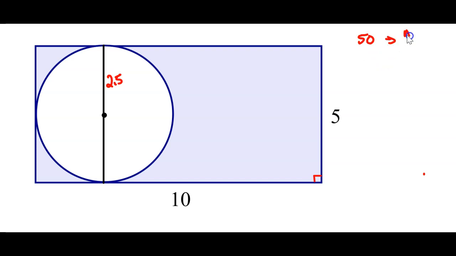So this is the area of the rectangle. Now I need to find the area of the circle. The area of the circle is going to be 2.5 squared times pi. So this gives me 6.25 times pi.